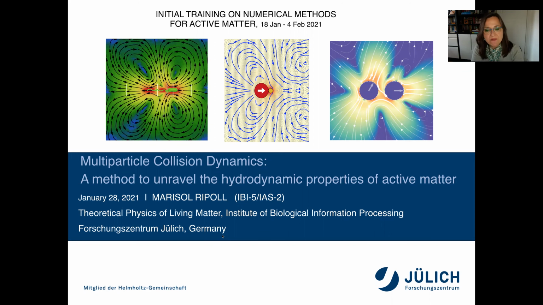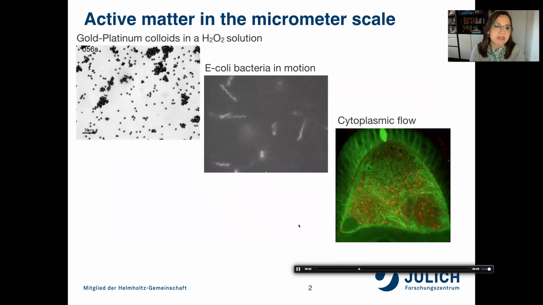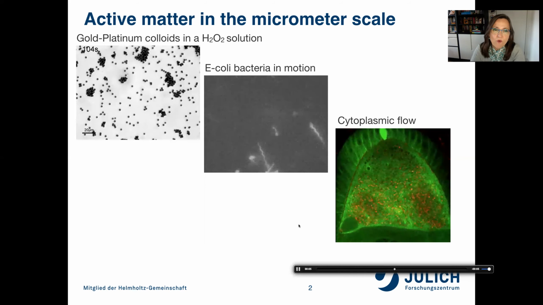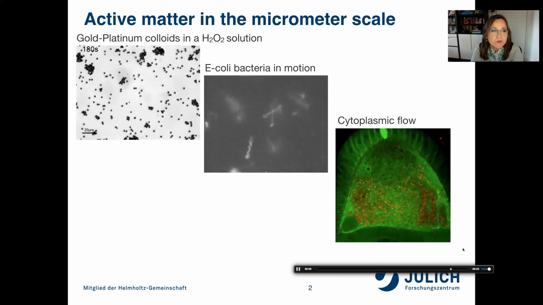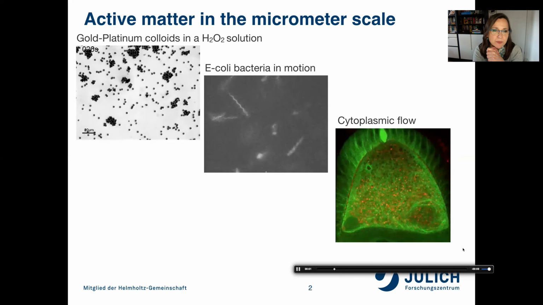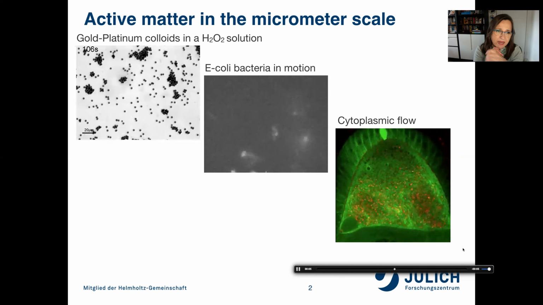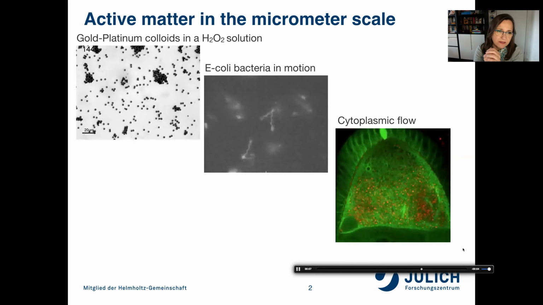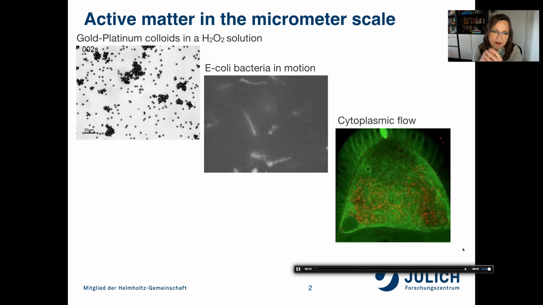So although you have already had an introduction to active matter, let me bring these three examples of microscale active systems, which are gold-platinum colloids in a peroxide solution, which generate a concentration gradient around them, and that makes them self-propelling.